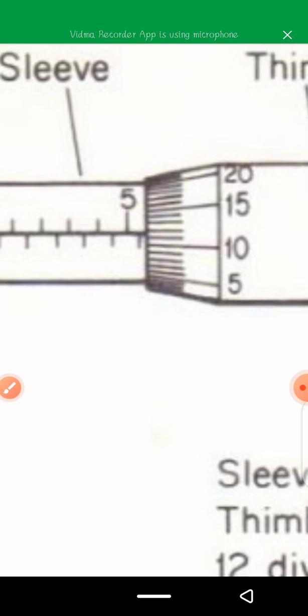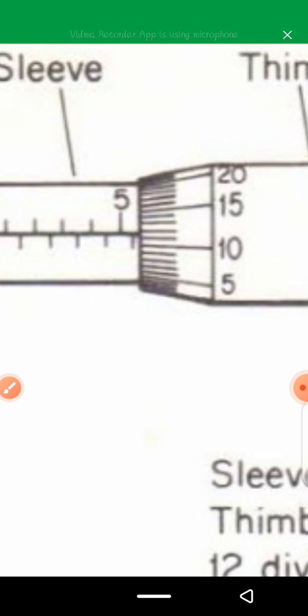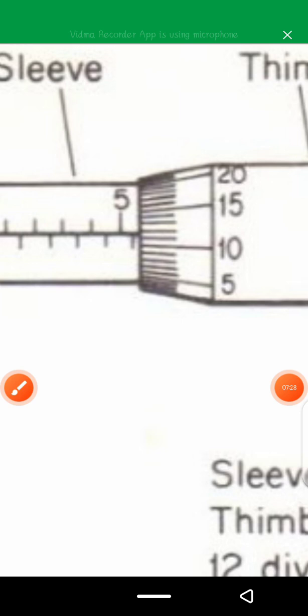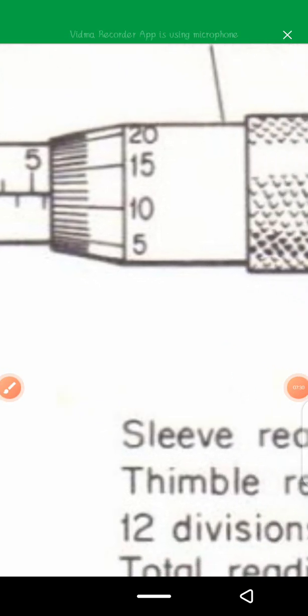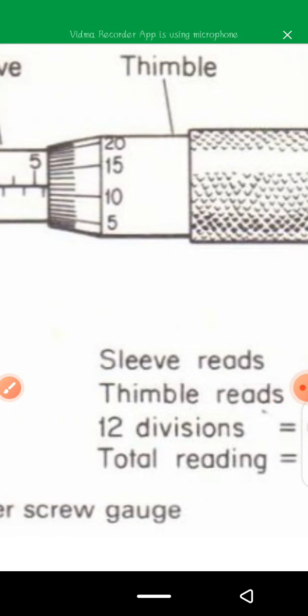For this, you're going to ensure that where you stop your reading on your thimble scale is where the horizontal line of the main scale coincides with the lines on the thimble scale. And where is that? That's at 10, 11, 12. So that's at 12.